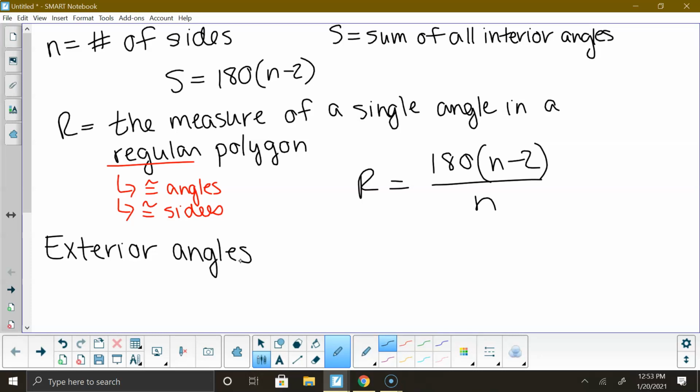All right. The last one is talking about exterior angles for a polygon. No matter how many sides a polygon has, 3, 6, 100, 1,000,000, it doesn't matter. The sum of all of the exterior angles is going to equal 360.